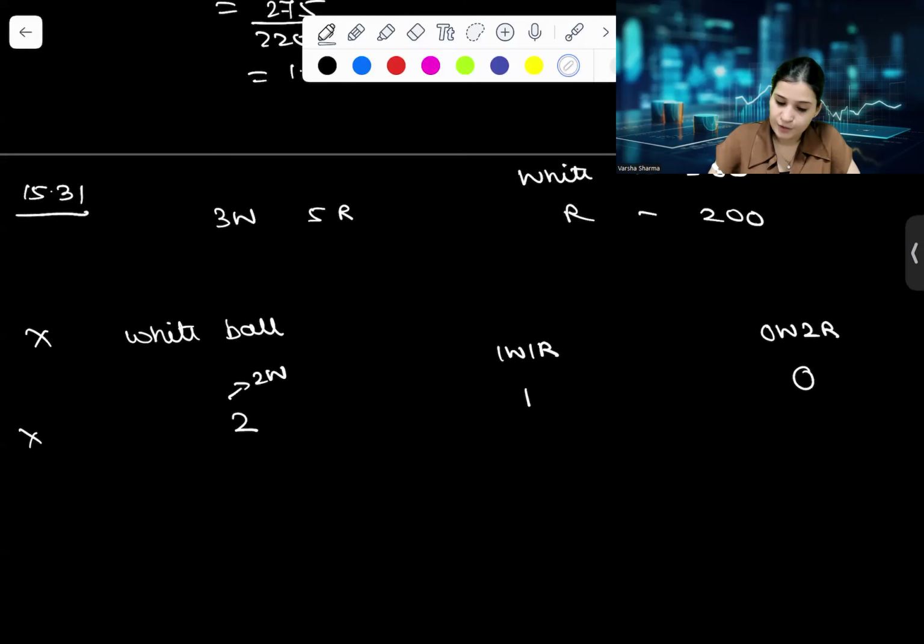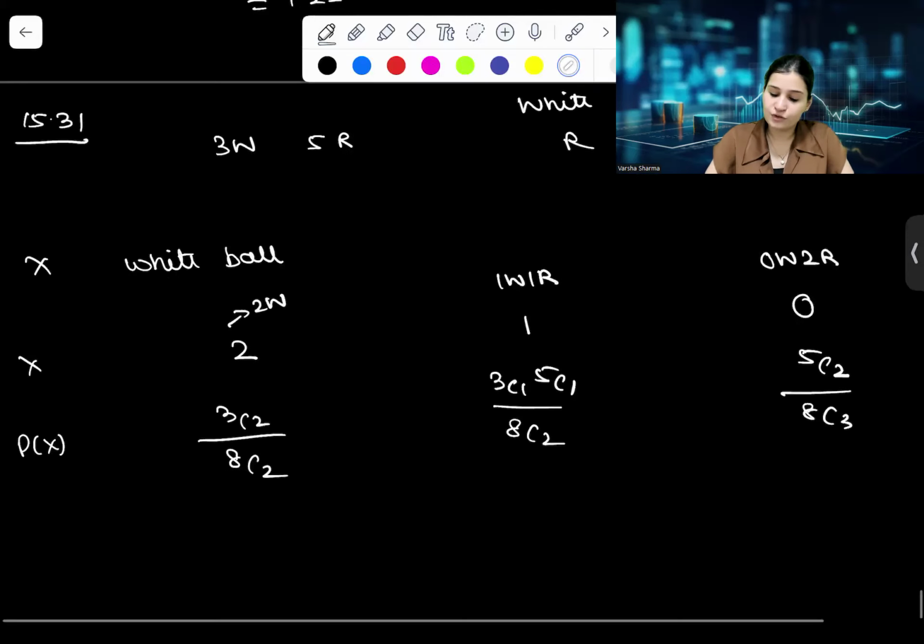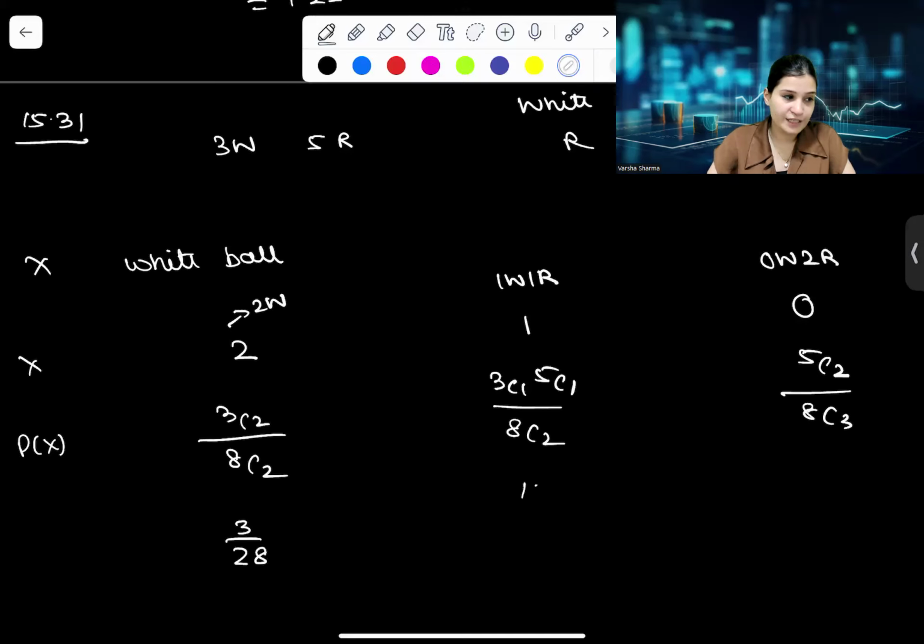Probability: since you're selecting two balls, the total will be 8C2. So two white will be 3C2, one white and one red, zero white so both of them are red. So the answer will be 3 by 28, 15 by 28, 10 by 28.